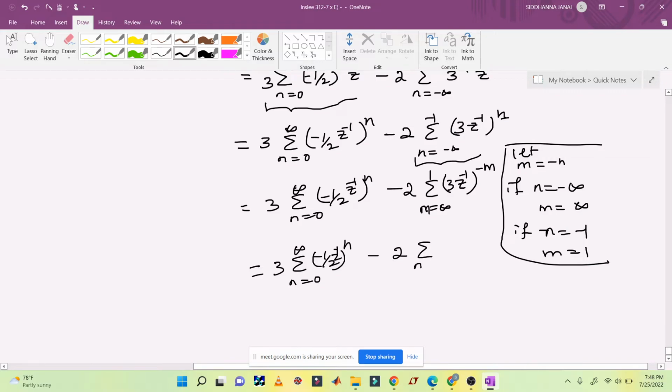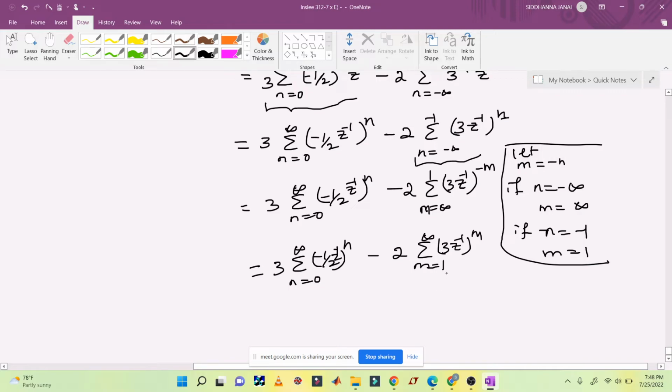This I can write as summation m is equal to 1 to infinity of (3 z to the power minus 1) to the power m. If I add from infinity to 1 or 1 to infinity, both are the same. That's why we can write it in this fashion.